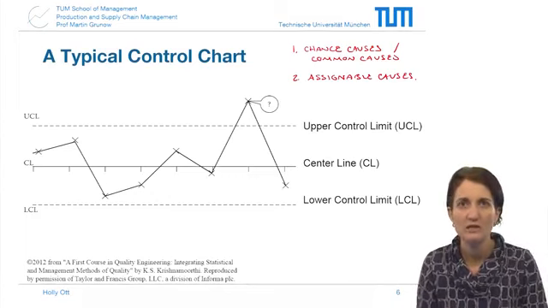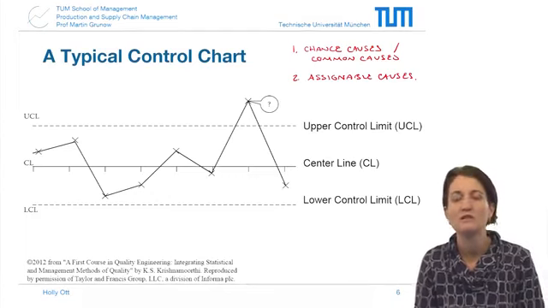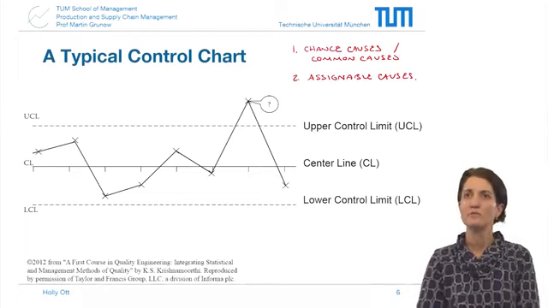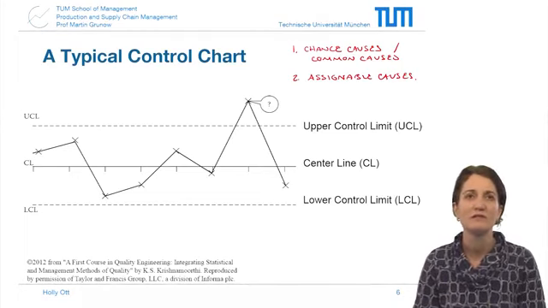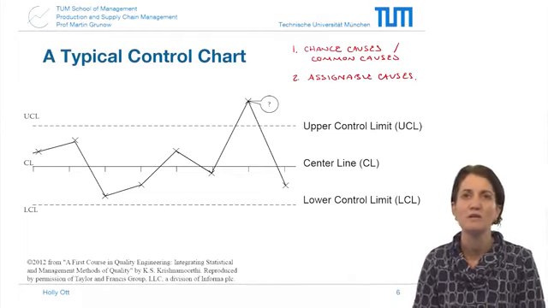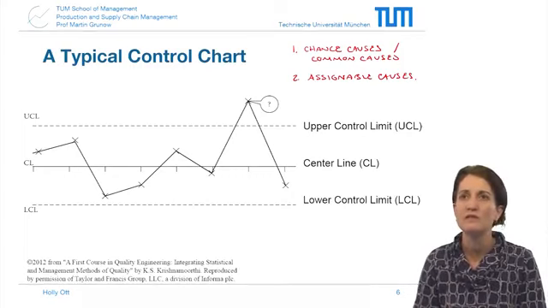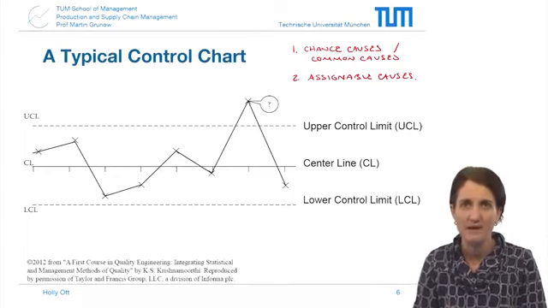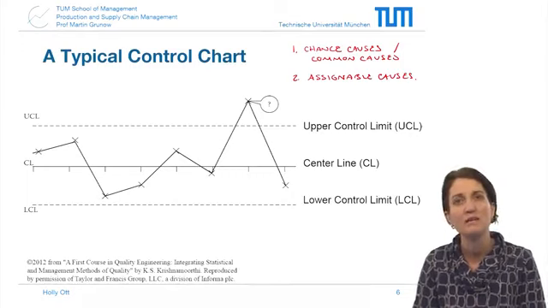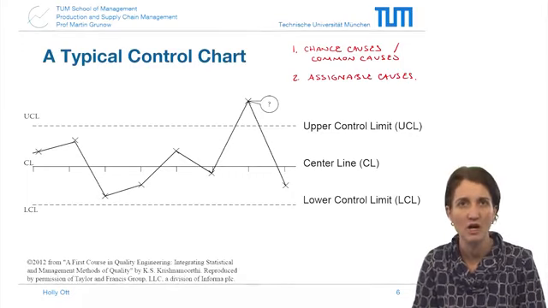The chance causes or common causes are these small unavoidable variability that arises from natural differences in the material, the manpower, machinery, instruments, and the environment. And these are to be expected. And normally they cannot be eliminated without a large cost.